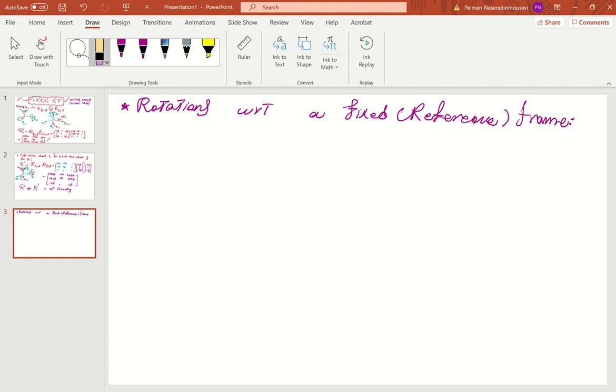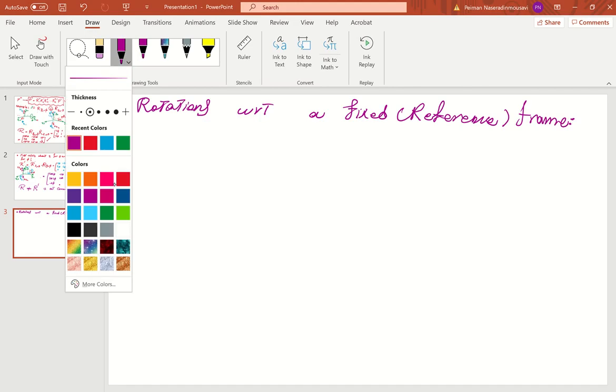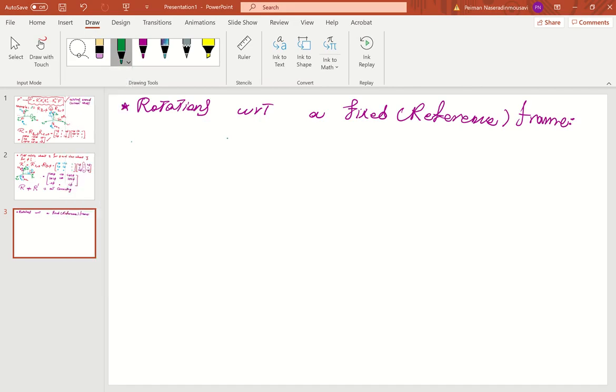So what does it mean? As its name implies, here we go. This is x, y, your reference coordinate frame: x naught, y naught, and z naught. What we are doing is rotating first around the y naught by the angle phi.